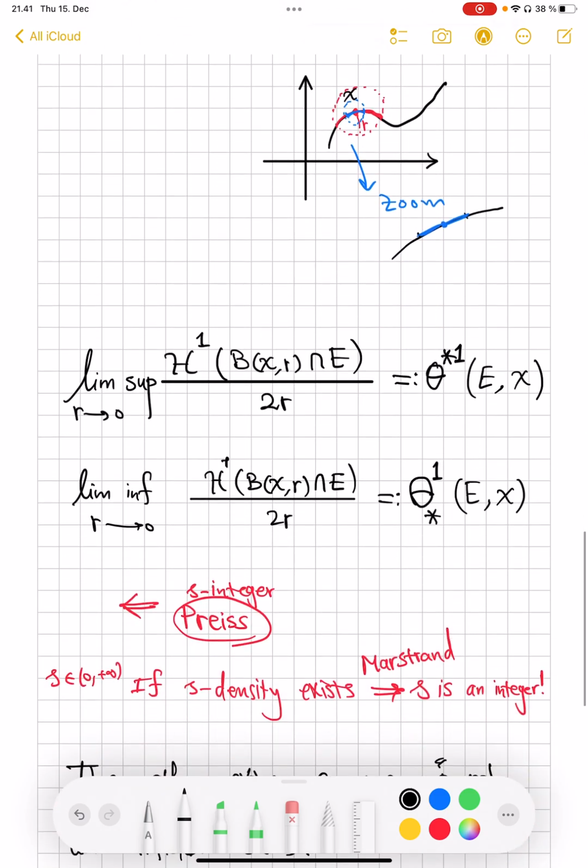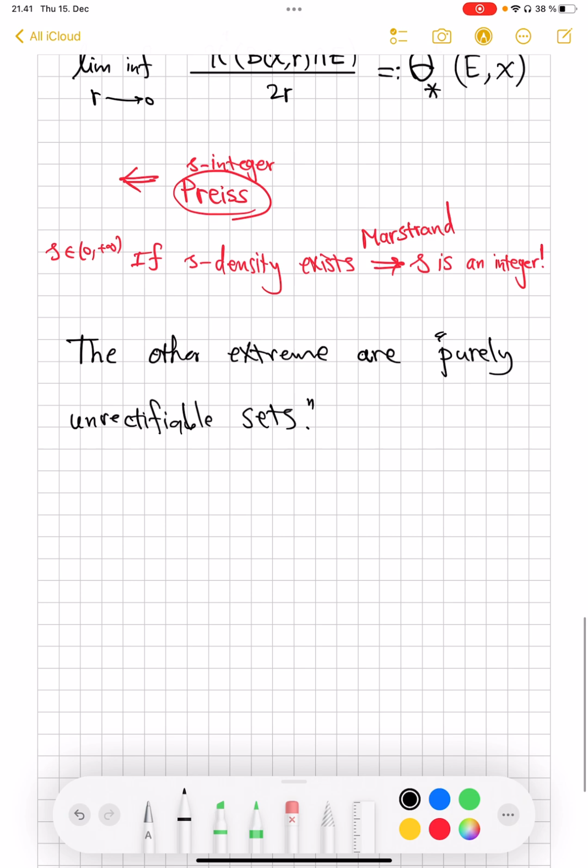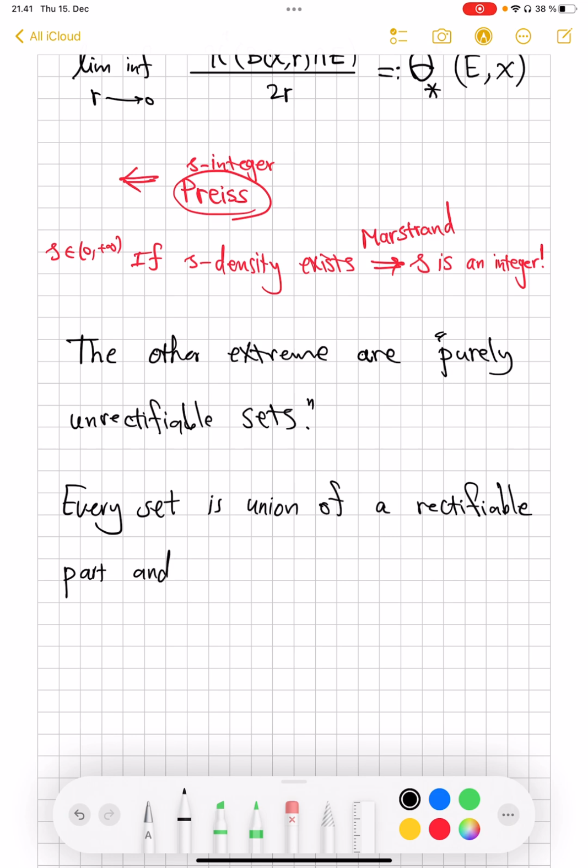And then by exhaustion arguments, very generic exhaustion arguments from measure theory, you can show that every set is a union of a rectifiable piece and a purely unrectifiable piece, and this is unique basically up to measure 0.